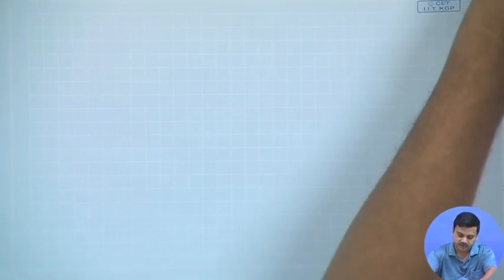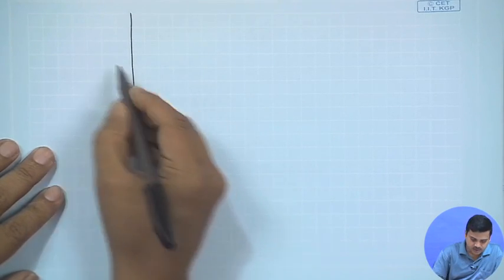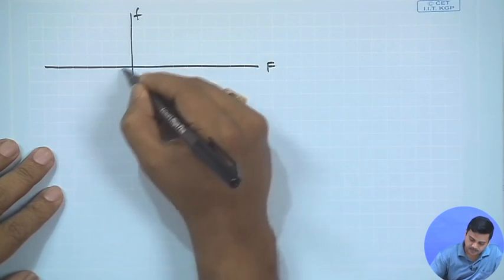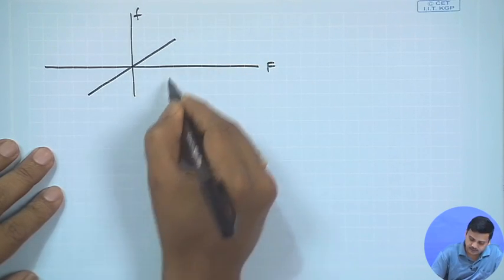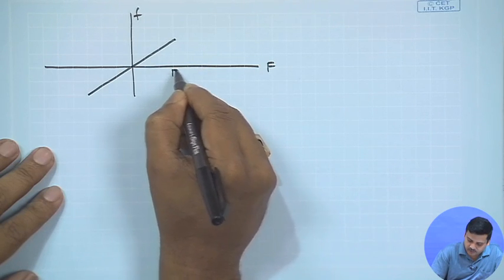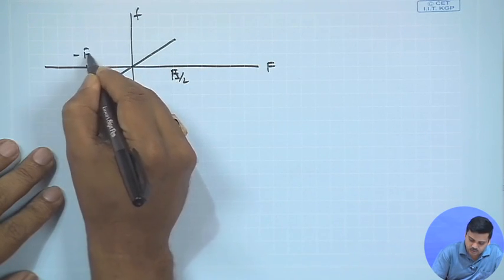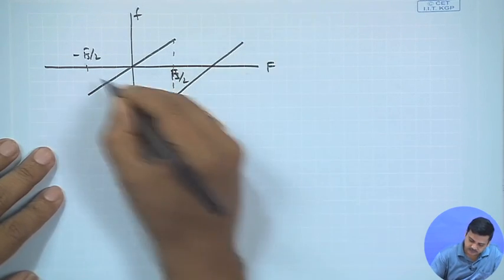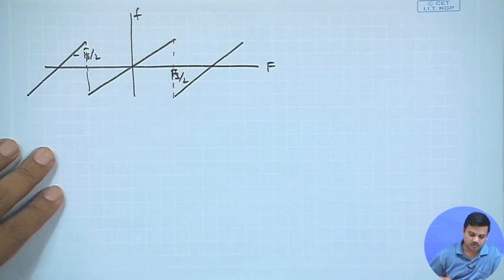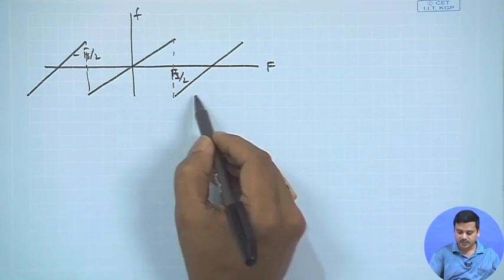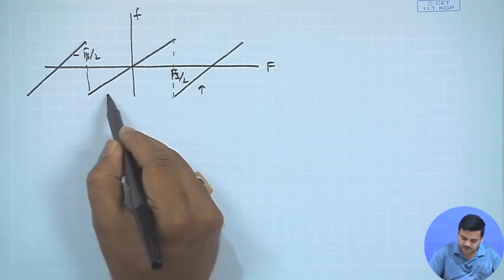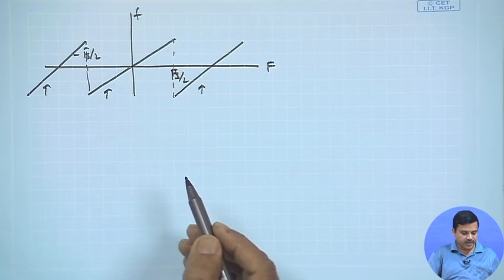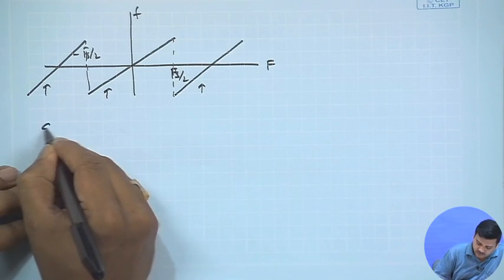If you try to map the analog frequency to the digital frequency, there is a linear relationship from capital F to small f for F s by 2 to minus F s by 2, but thereafter it repeats, it wraps around. Because of this we are unable to distinguish between the frequency here, the frequency here and the frequency here. So, at this point what we get is the important notion of the sampling theorem.